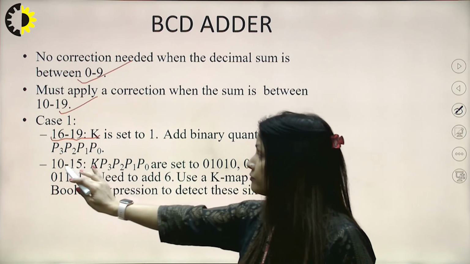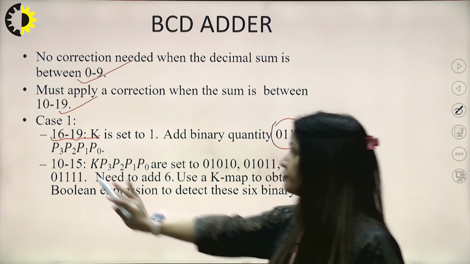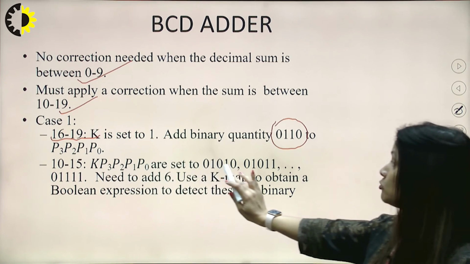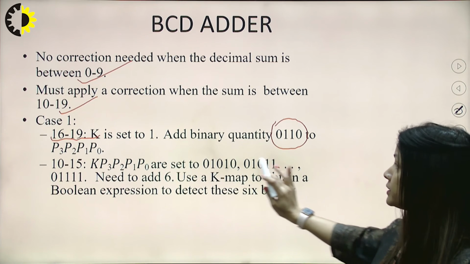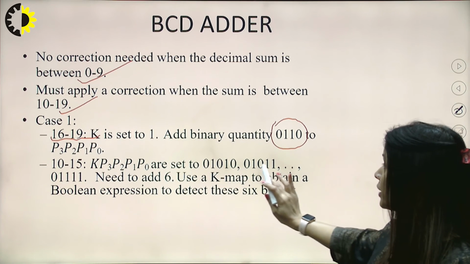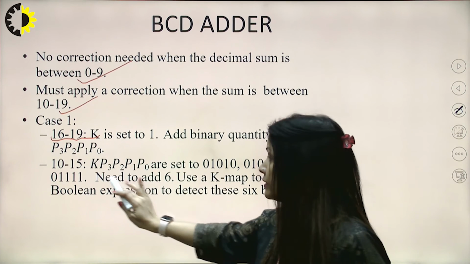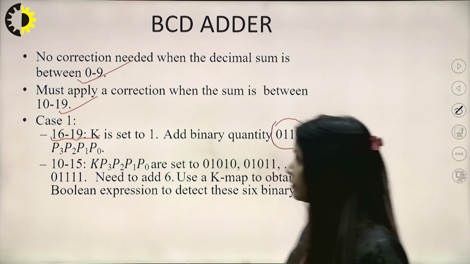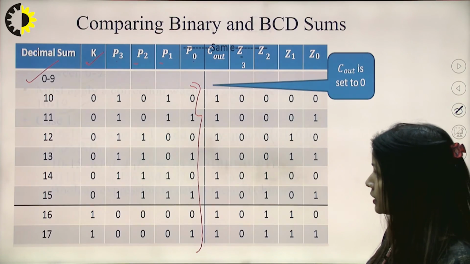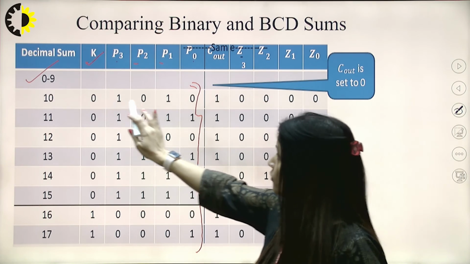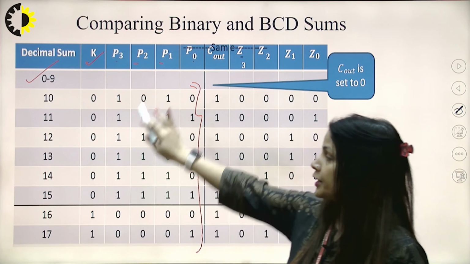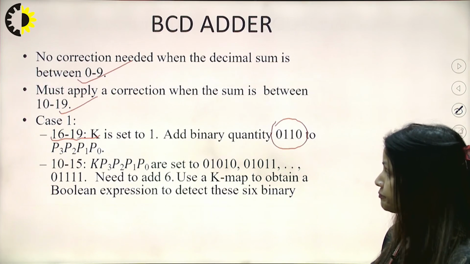And another one, whenever the sum is 10 to 15. So K, P3, P2, P1 are set to 0, 1, 1, 0, 0. Here is the series for 0, 1, 1, 0 and we need to add 6, from 0, 1, 0, 1, 0 to 0, 1, 1, 1, 1, that is from 10 to 15, right?